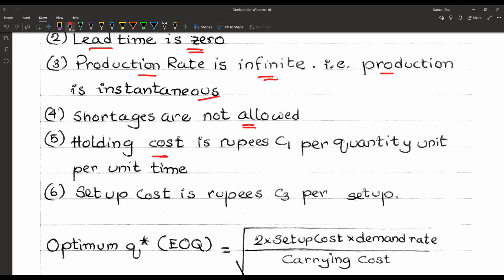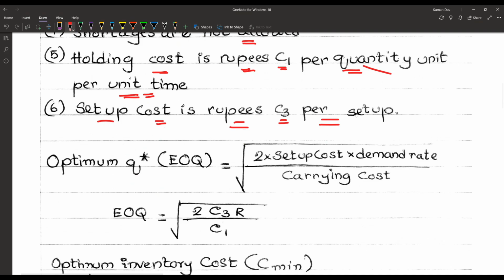The holding cost is rupees C1 per quantity unit per unit time, and the setup cost is rupees C3 per setup.